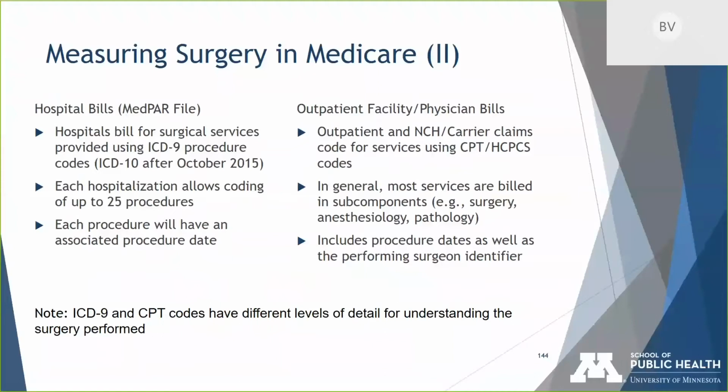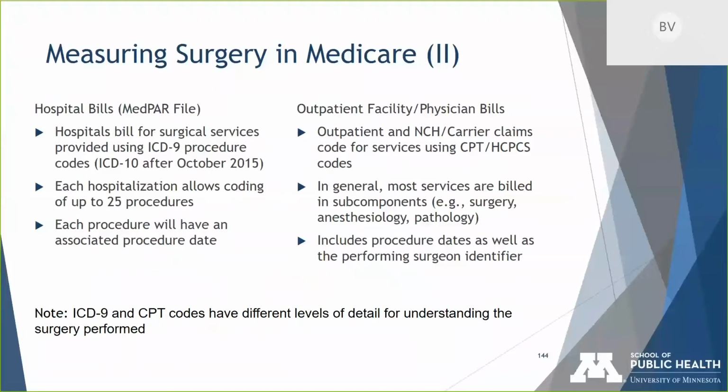Let's say then that you're interested more in outpatient surgical care, or the surgeons that perform the surgeries. Outpatient and physician claims code for services using a different billing system. They bill using current procedural terminology or HCPCS codes, and those are just Medicare codes. So in general, most of those services are billed in subcomponents.